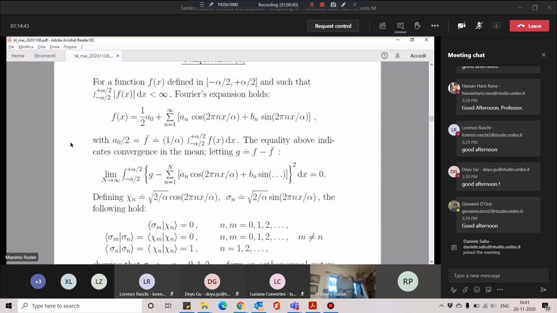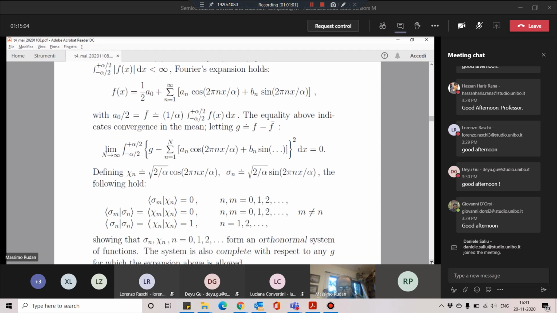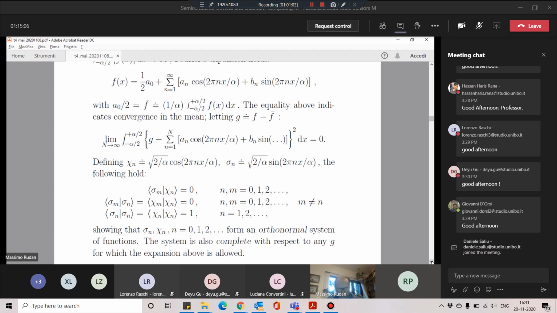Okay, let's continue with the topic of completeness. We have introduced the Fourier series, very well known, and then we have described the set of functions as a set of functions that are mutually orthogonal and also normalized to 1.